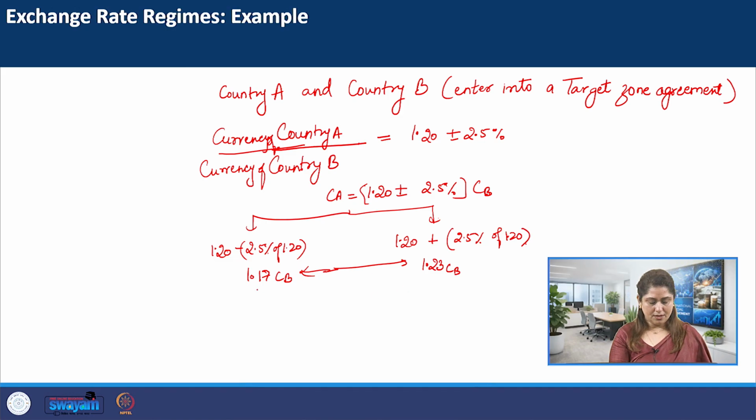So, here if we see that the currency A has depreciated and here currency A has appreciated.